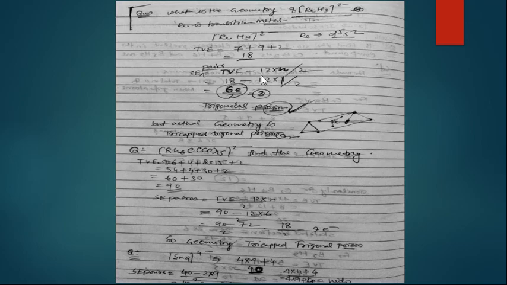So this is trigonal. This is the trigonal extension, but the actual geometry is tricapped trigonal prismatic. Not the trigonal; the actual geometry is tricapped trigonal prism.